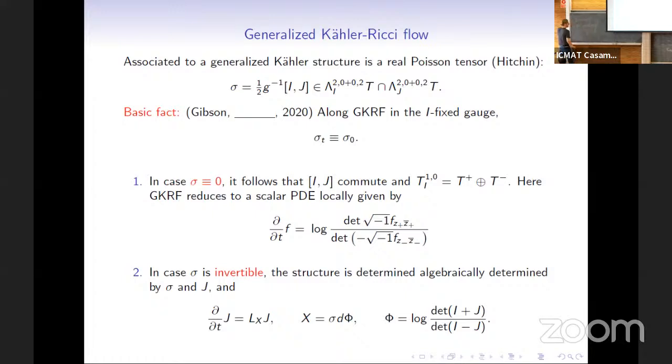And so for later, maybe I just mention, if J1 and J2 are both determined by some closed pure spinors, then this phi is precisely, up to taking a log, this Calabi-Yau quantity defined by Marco.